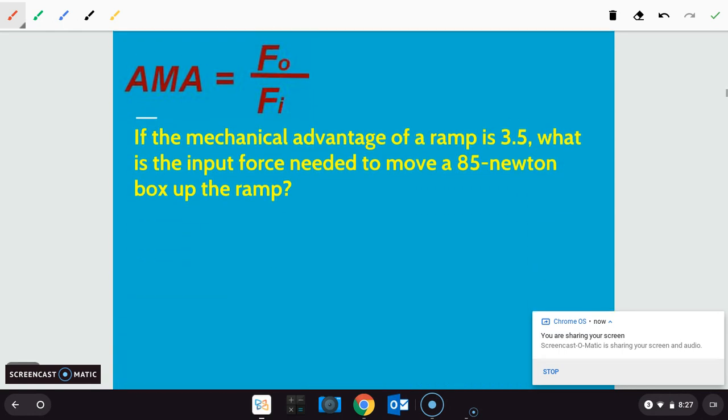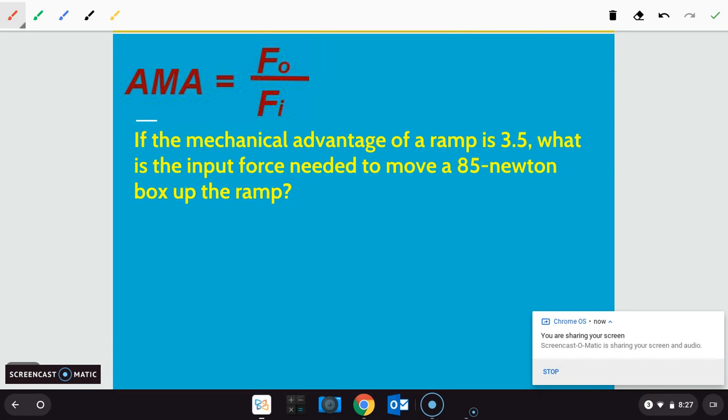What if I want to find one of the other things? If the mechanical advantage of a ramp is 3.5, what is the input force needed to move an 85 Newton box up the ramp? Well, it's asking for input force, so this must be the output force. And it tells you right here that this is the mechanical advantage, or the AMA.